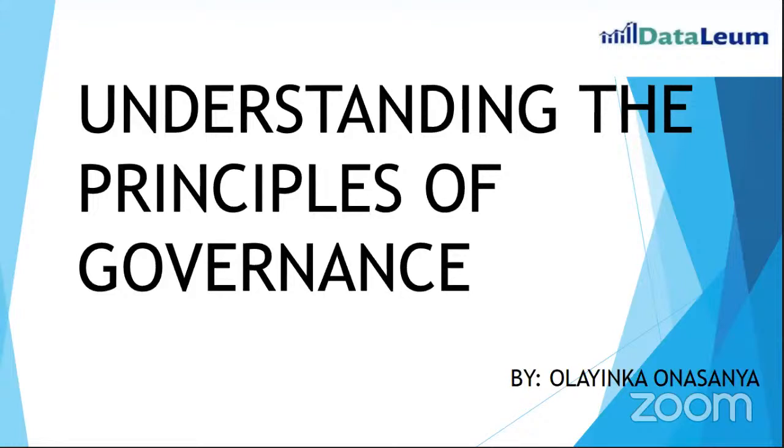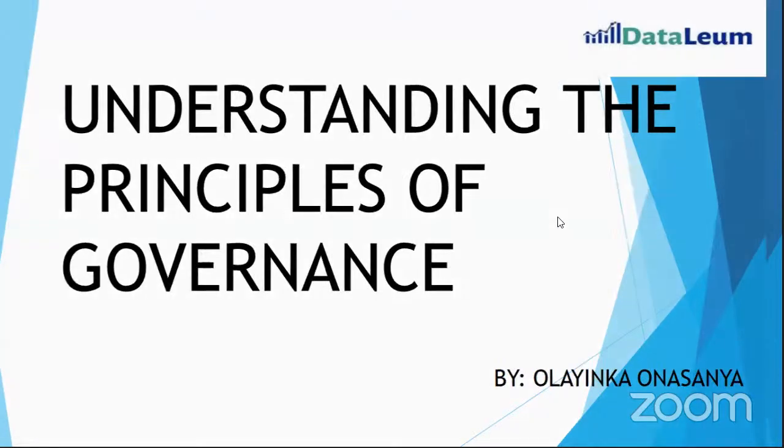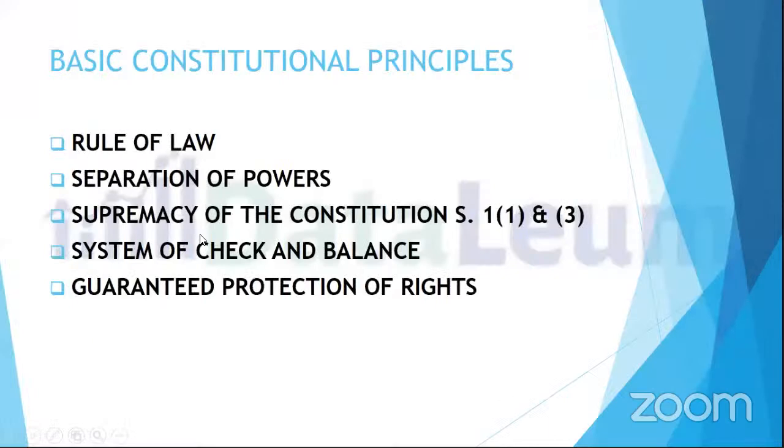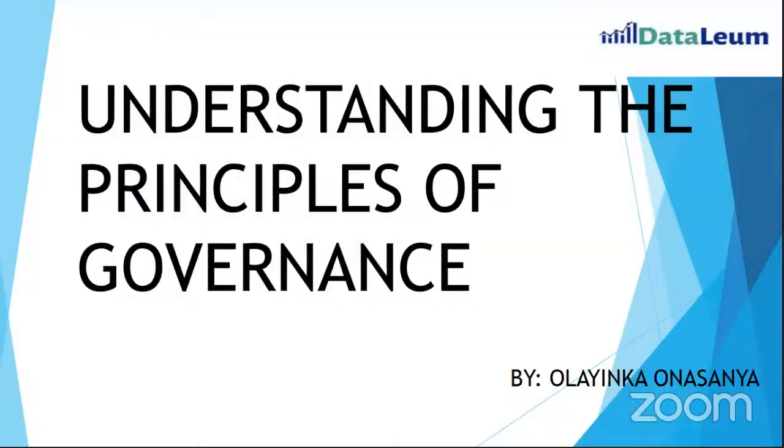Okay, so we're starting with understanding the principles of governance. I said earlier that the Constitution is the social contract, the agreement between the citizens and the government, the government within itself, and as it relates to every other aspect of administration and management of the country.